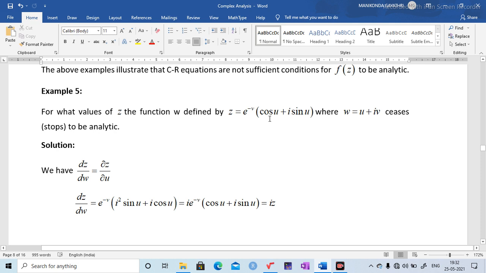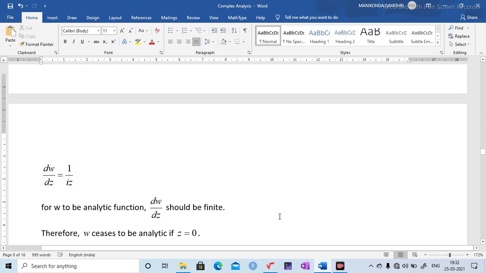Cos u differentiation is minus sin u, but minus can be written as i square. That's why i square sin u. Here i as it is, sin u differentiation is cos u. Observe here, i is common, take i common. After that here we have cos u plus i into sin u. Observe, this is iz.